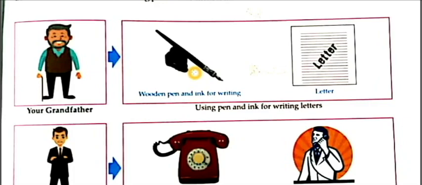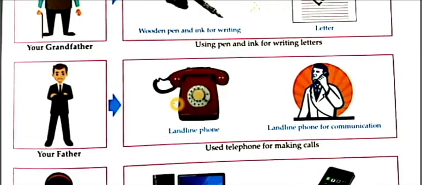At that time people used letters to convey their messages to one another. But in your father's generation, people used landline phones to talk with each other. They talked over a distance with the help of landline phones, making calls from one place to another.